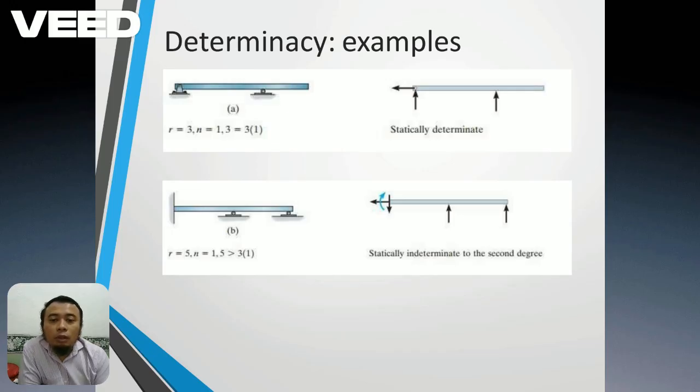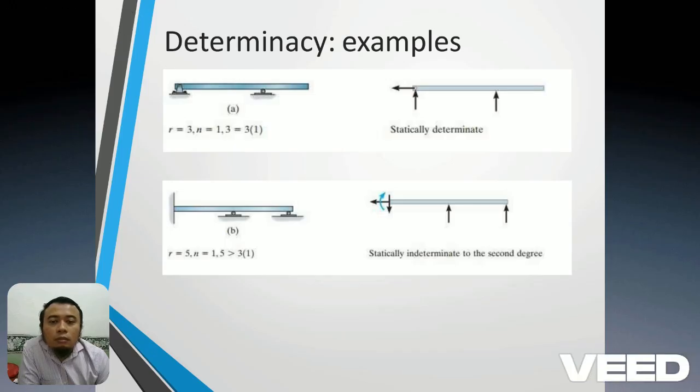For example, for figure A, we have R equal to 3 and N equal to 1, because R is the reactions. If you see here, there are reactions at the pin support on the left and the roller support. You have one unknown force at the roller and two unknown forces at the pin joint, so your R is equal to 3.